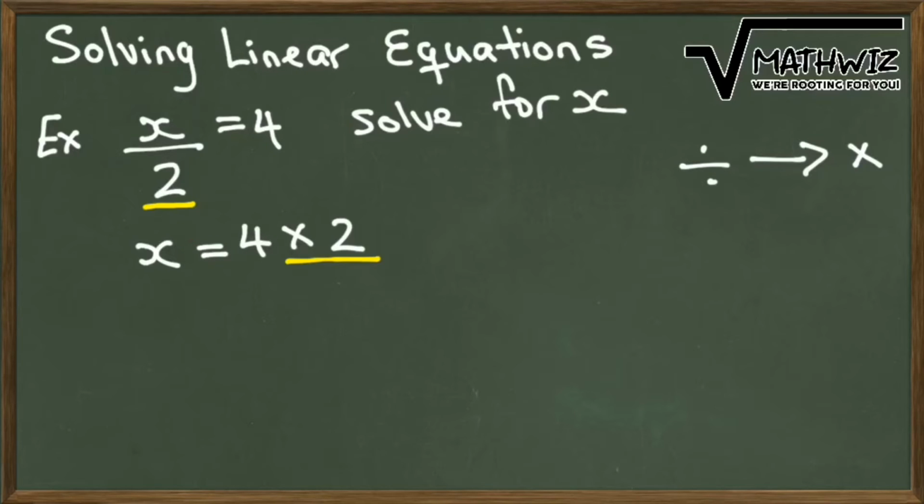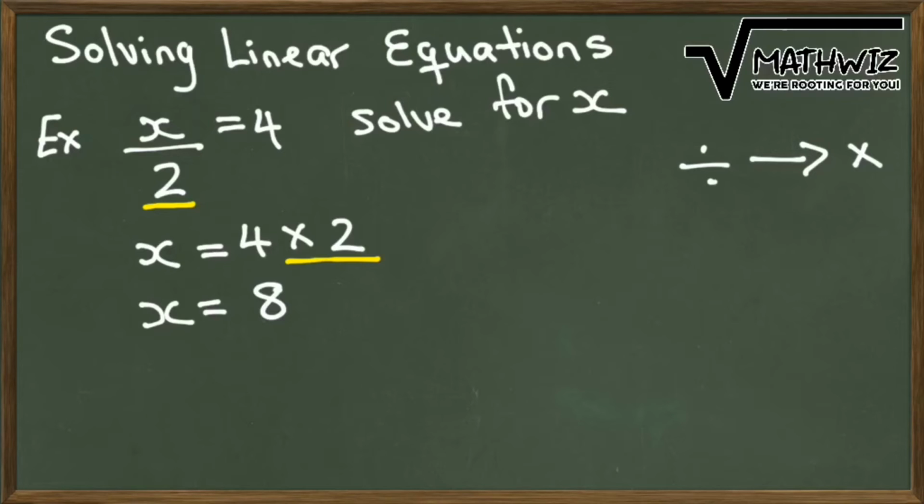But that can get a little complicated, and hence we will be sticking with just what do we do to the opposite side, right? So since this 2 is divided, when we take it to the opposite side, we multiply, right? So we keep simple things simple. And 4 multiplied by 2 is going to give us 8.